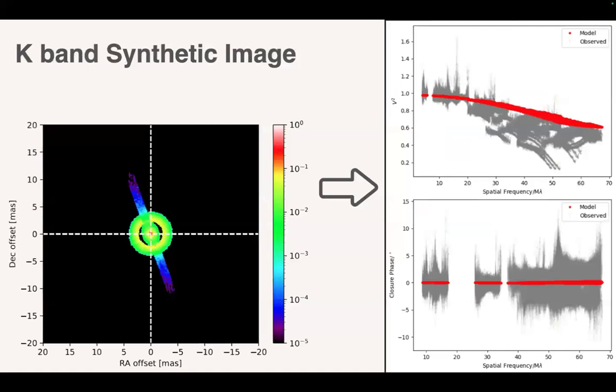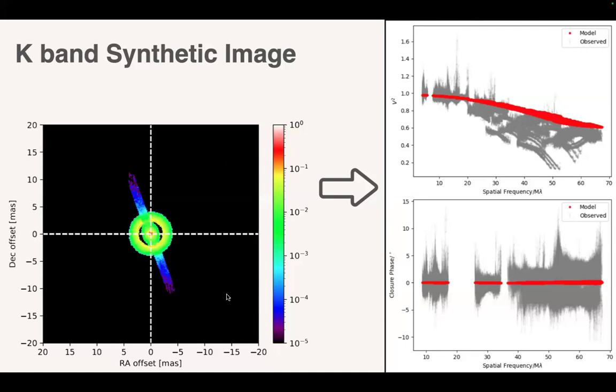So what did the synthetic images look like? What I'm showing you here is a synthetic image in the K band. This is going from our simulation, projecting it on the sky, and then asking the question: if I were to observe this simulated object on the sky with CHARA and VLTI, what would the image look like?